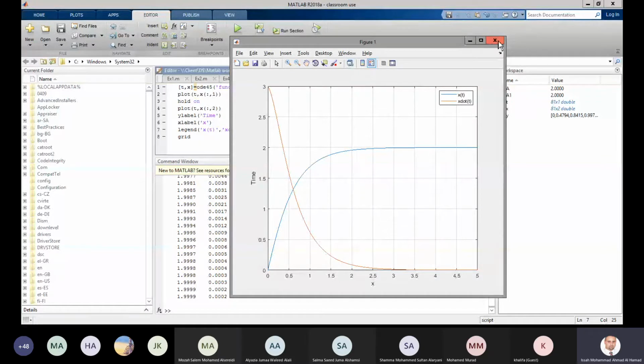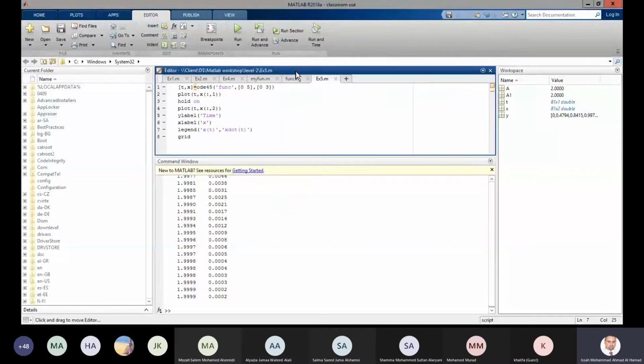Is it clear? If you need to change the function or the value here, you go back and define it. This is common for any differential equation. You just need to play with the boundary conditions or initial conditions here. However, this can be changed in order to solve another differential equation.